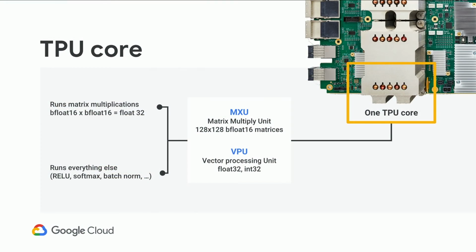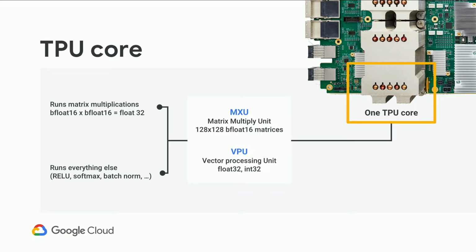Inside of one of those TPU cores, the part that is specific to TPUs is the matrix multiply unit. They have hardware hardwired to perform 128 by 128 matrix multiplications. And what is important is that they perform them in mixed precision. So the input precision is bfloat16.